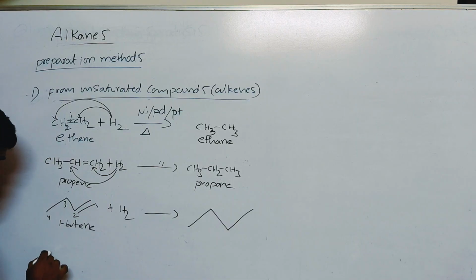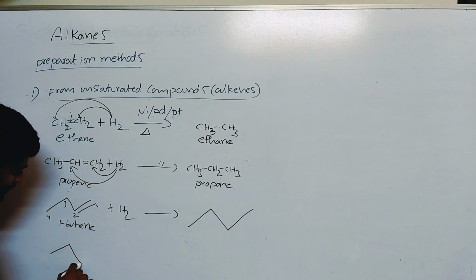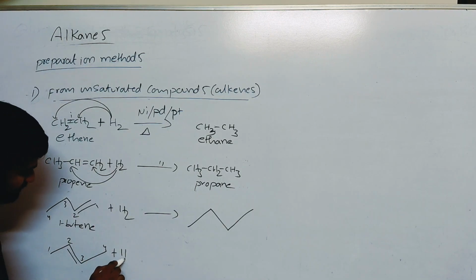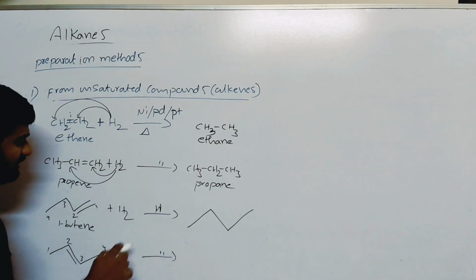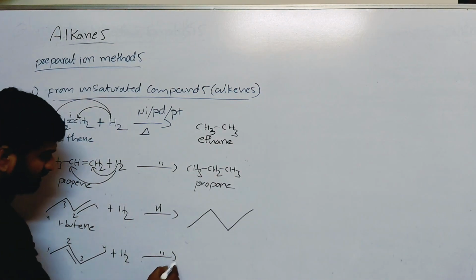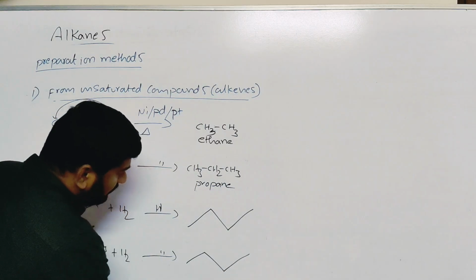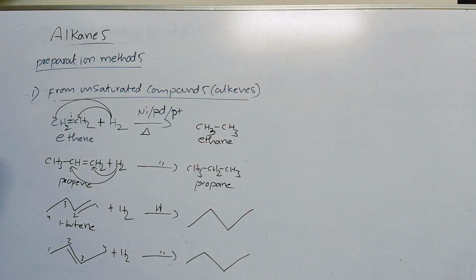If you take 2-butene also, 1, 2, 3, 4, on hydrogenation in the presence of the same catalyst, here also you remove the double bond, and we get butane.